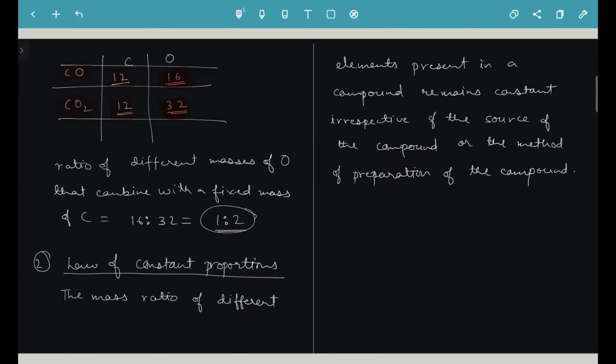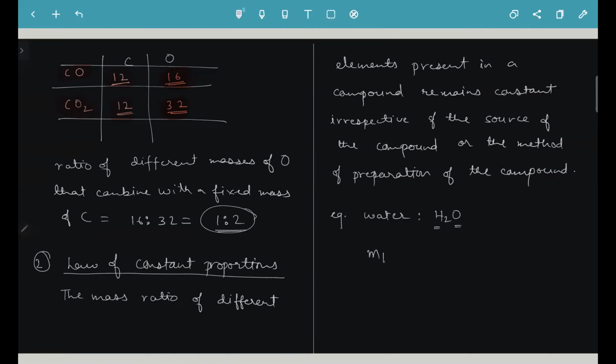Now let's see an example of constant proportions. Take any compound. Let us consider water. The chemical formula for water is H2O: two atoms of hydrogen and one atom of oxygen.